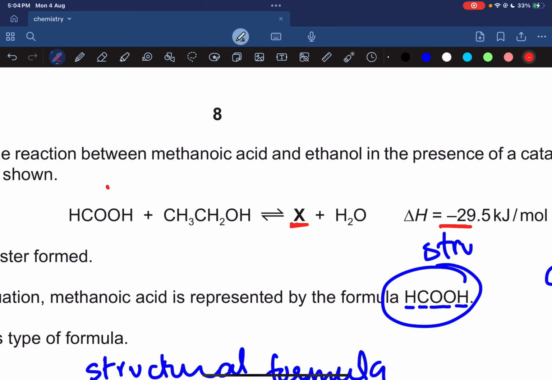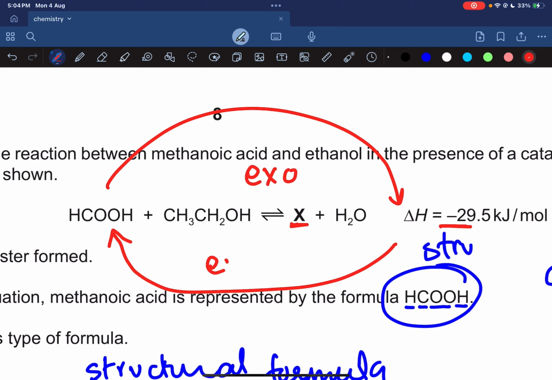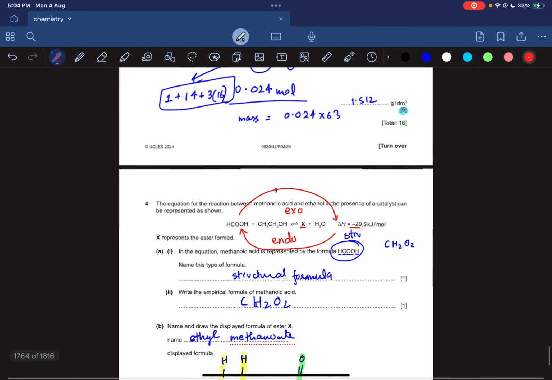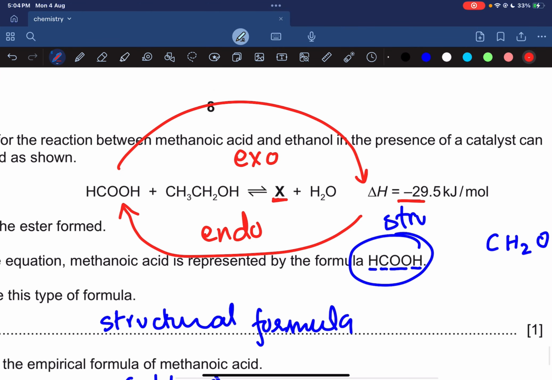The forward reaction is exothermic, because that's a negative sign, and the backward is endothermic. We are decreasing temperature. So when I try to lower it, the equilibrium will try to increase it. You know Le Chatelier's principle, that whatever you try to do to the equilibrium, it tries to do something against it.